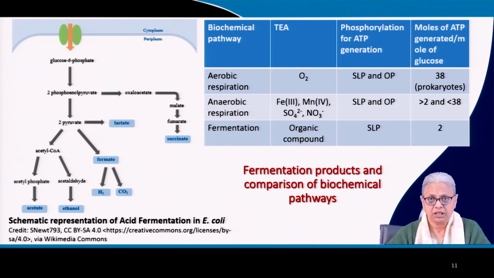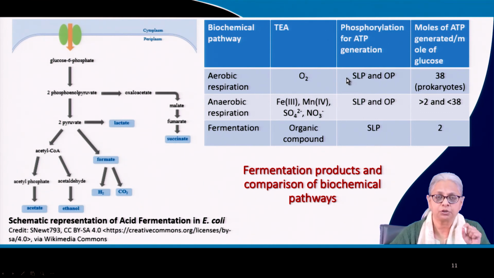Now, in a nutshell, literally, to summarize all three processes, so three biochemical pathways: aerobic respiration, anaerobic respiration, and fermentation. These are our terminal electron acceptors. So for aerobic respiration, it's oxygen. Phosphorylation happens by a combination of substrate level phosphorylation and oxidative phosphorylation.